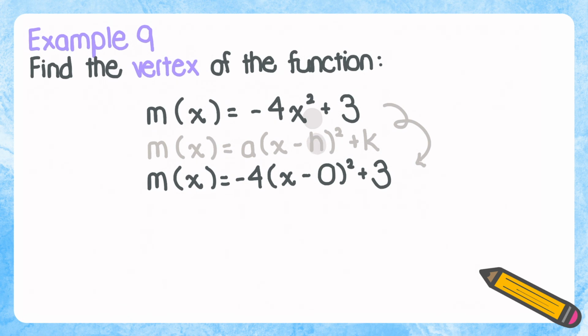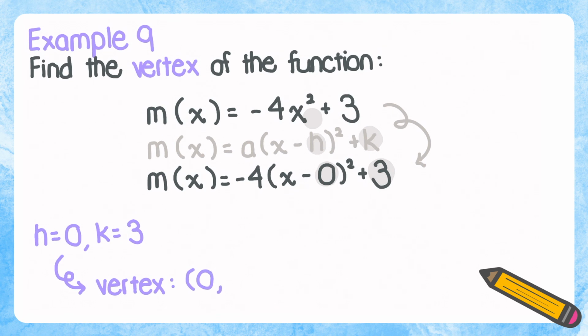In this example, h equals 0 and k equals 3. So we found out that h equals 0 and k equals 3. What's our vertex? Our vertex is the coordinate point 0, 3.